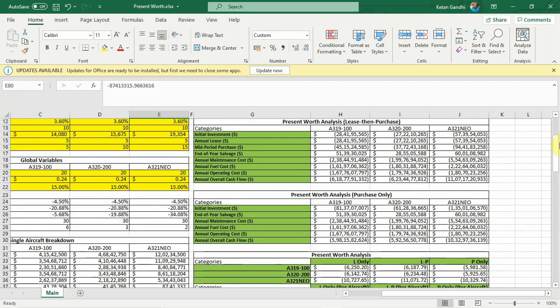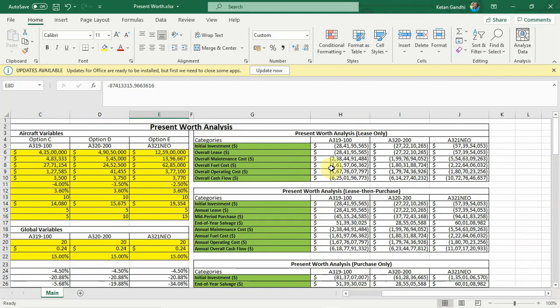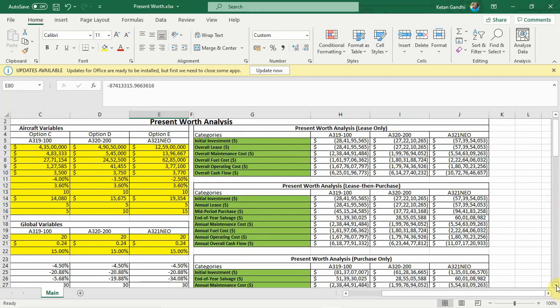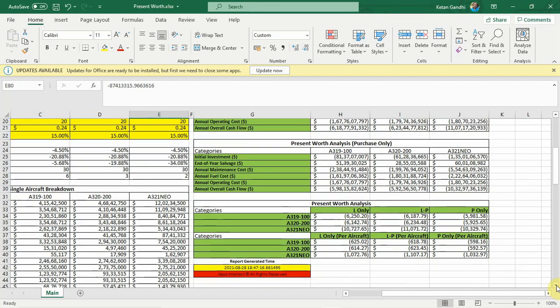But this is calculated via the present worth formula. So the figures which we get are the real figures for the present worth analysis.